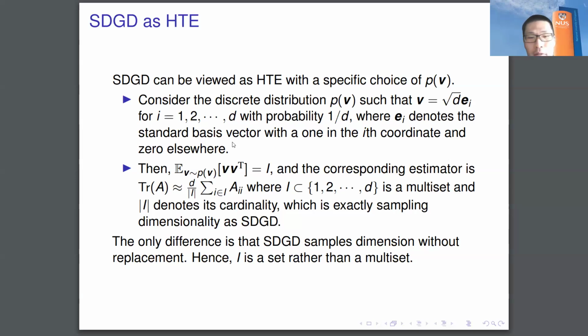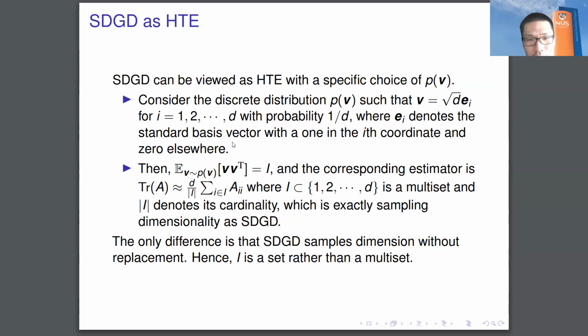You may wonder, as I mentioned previously, that classical mathematicians view the Rademacher distribution as minimizing the variance of HTE, but actually SDGD's choice of distribution also minimizes the variance. This minimization is not unique. We have multiple distributions of V that minimize the variance.